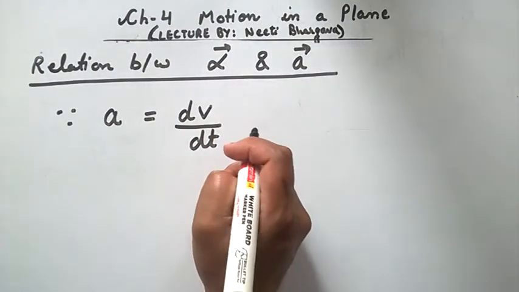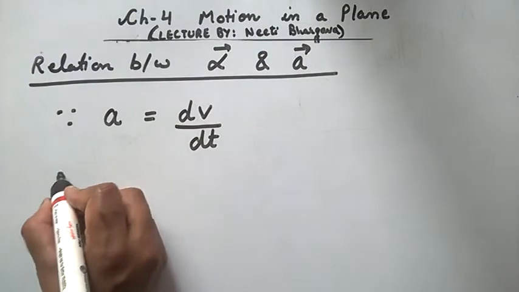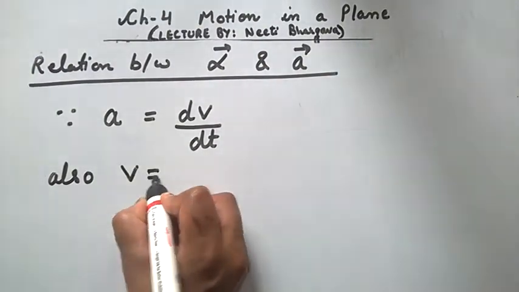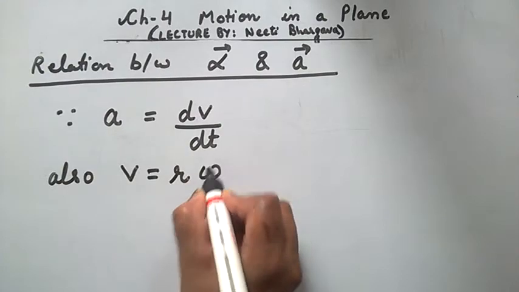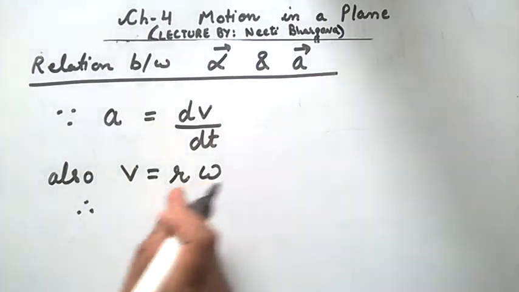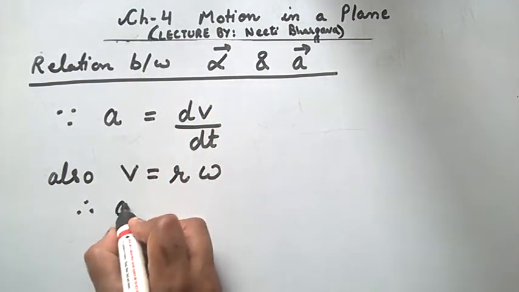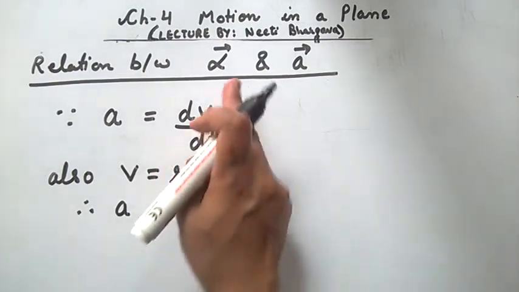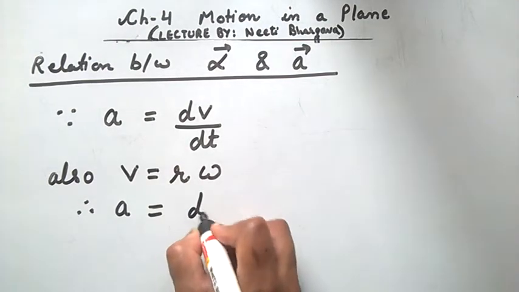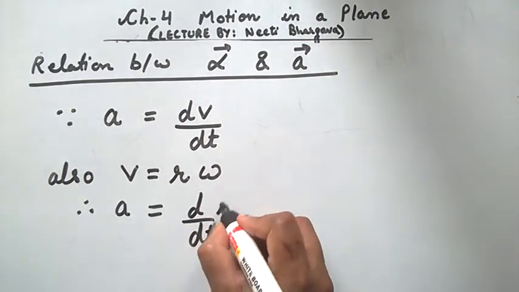We have studied it also, that is, linear velocity is r omega. Therefore, on substituting the value over here, we get that linear acceleration a is equal to d by dt of r omega.